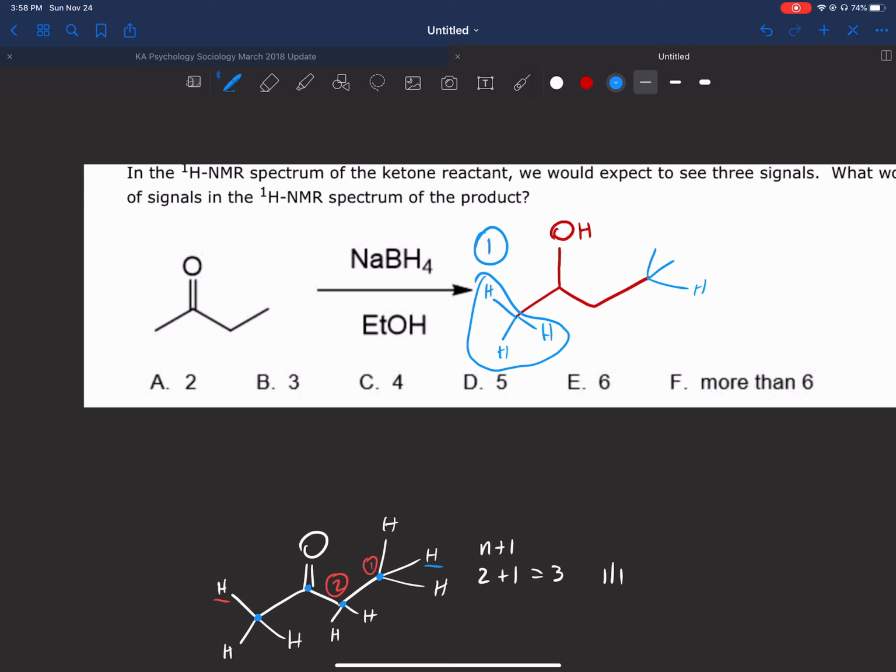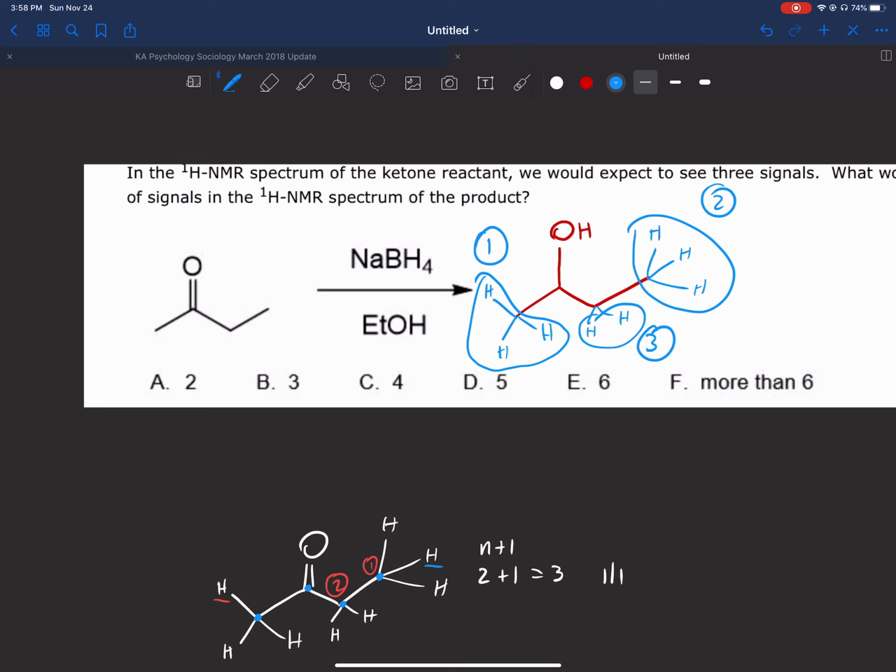Same for the hydrogens here. 2. And same for the hydrogens here. 3. Right? You can see that they're still unique. We don't have other carbons like them. Of course, you should always check that, because based on your reaction, that might change. Okay? Always check. So we still have those 3 signals.